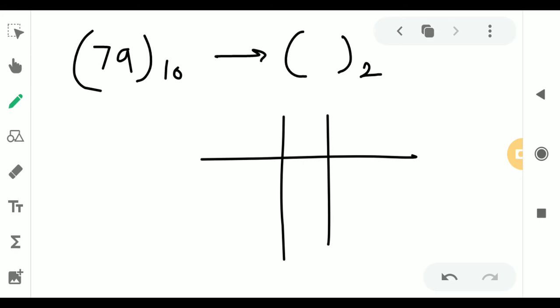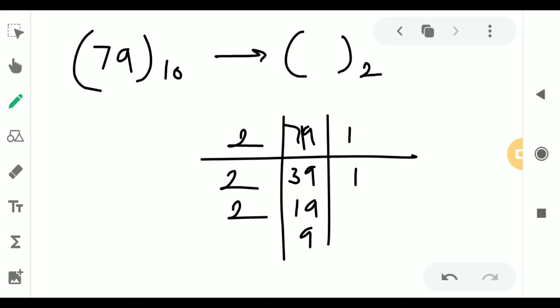So here we have 79. 2 3s are 6, and we have 1 carry, and 2 9s are 18. What is the remainder after I divide 79 by 2? It's 1. Again, 2 1s are 2, 2 9s are 18. Remainder is 1. 2 9s are 18. Remainder is 1. 2 4s are 8.